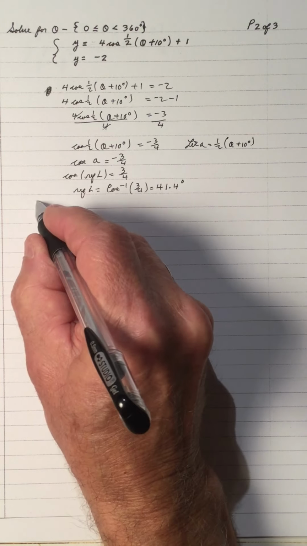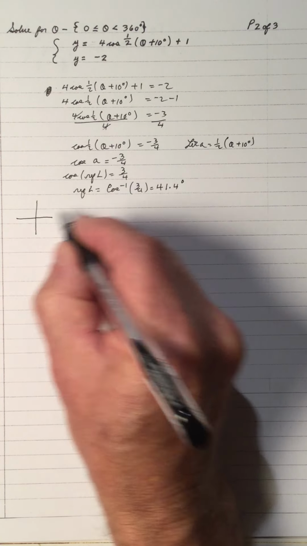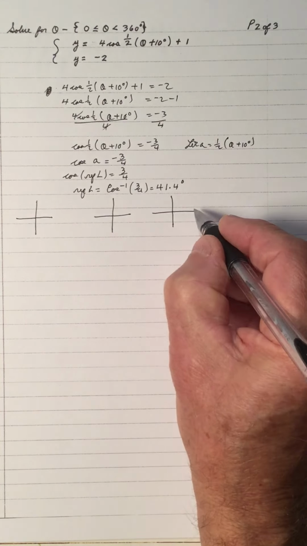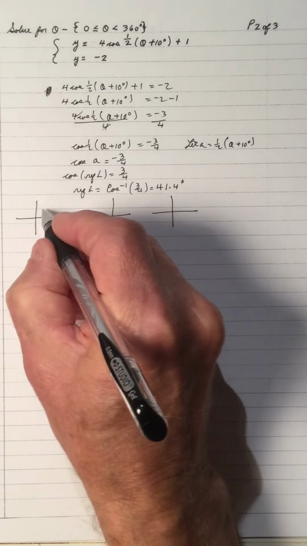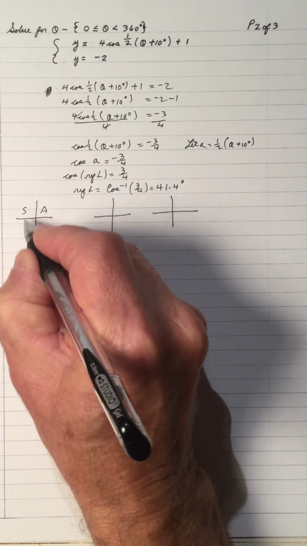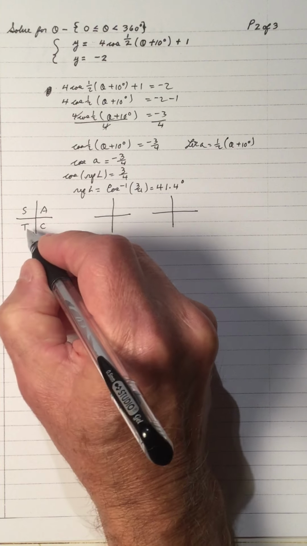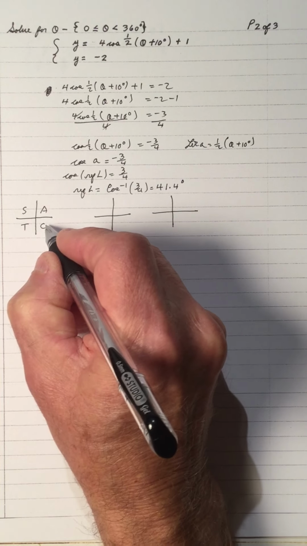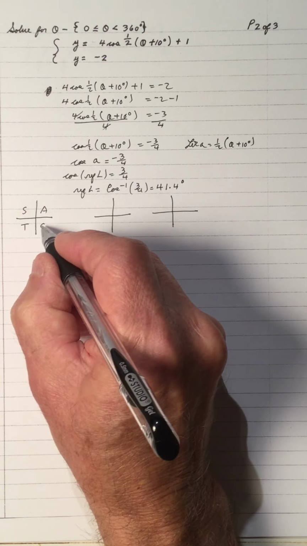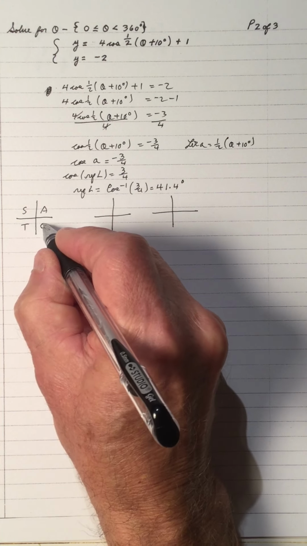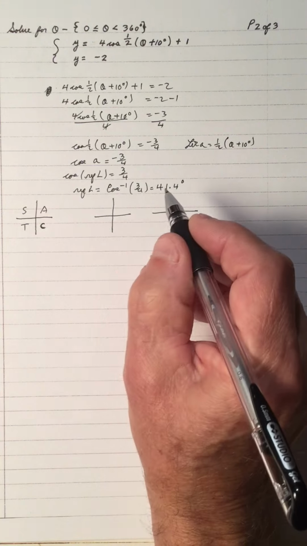And we have to find out what quadrants this angle is in. We can use ASTC, all students take calculus, or add sugar to coffee: all, sine, tan, cos are positive. Or we can use the CAST rule, but then we have to start in quadrant 4: C-A-S-T.